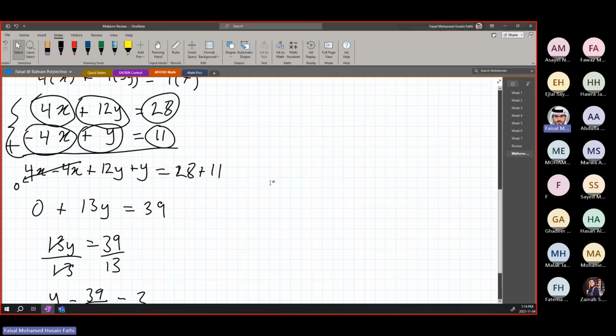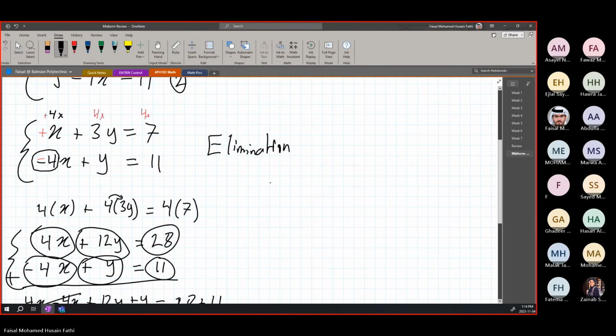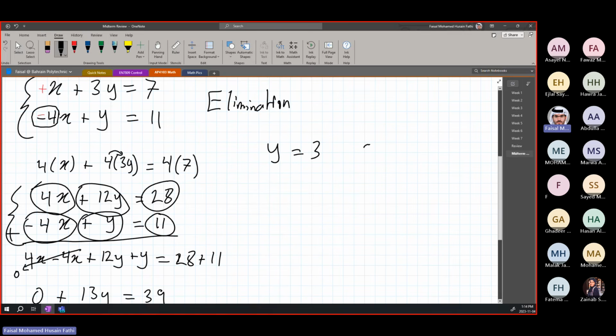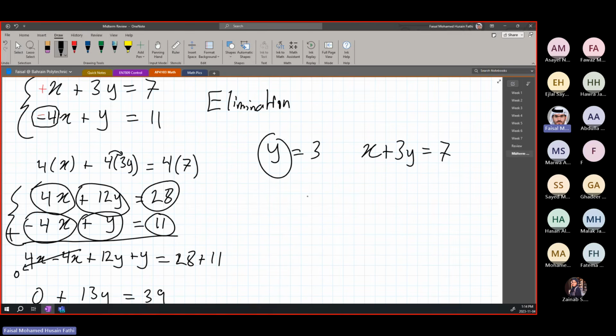Now that we found out that y is equal to 3, we will substitute in any of the main equations. Let's substitute, for example, in the first equation, x plus 3y equals 7. So x plus 3y equal 7. We will substitute the y into the y over here.